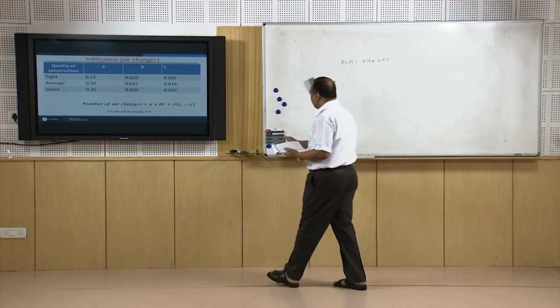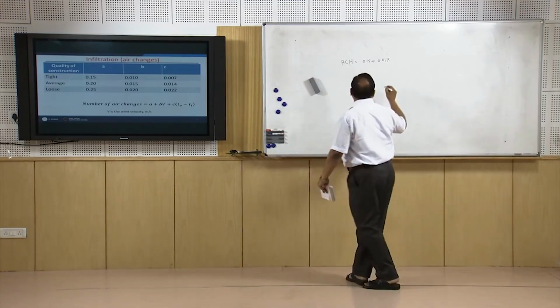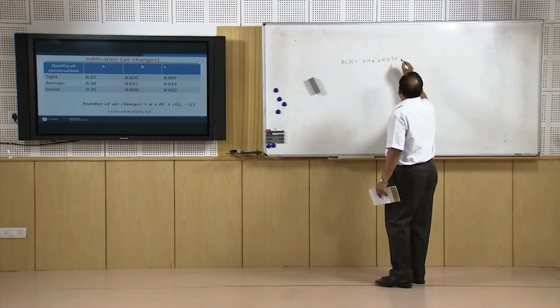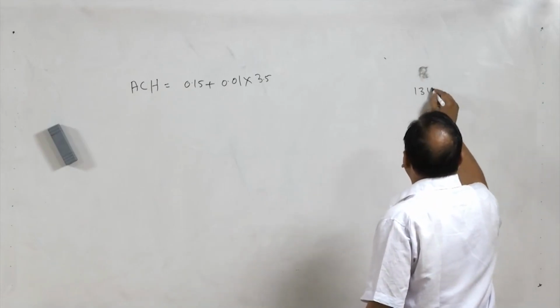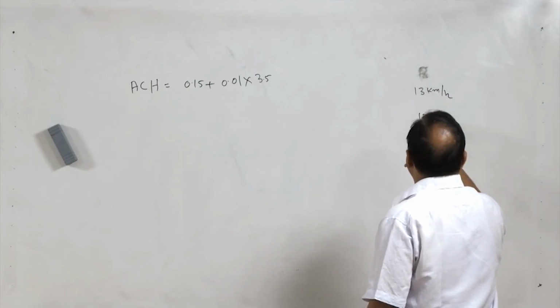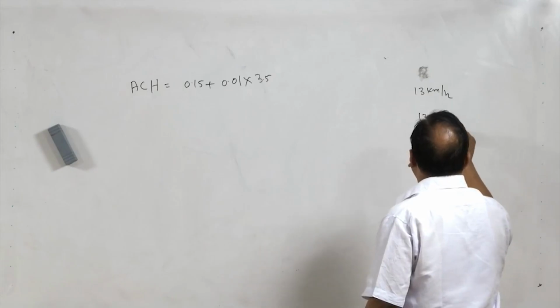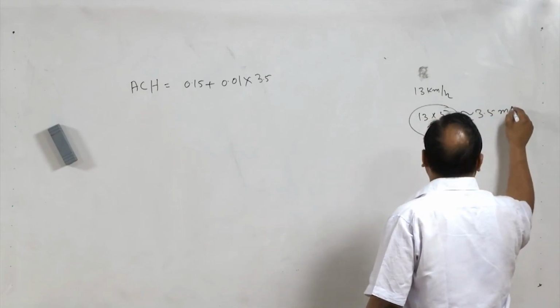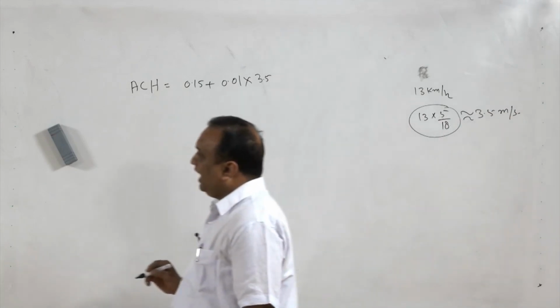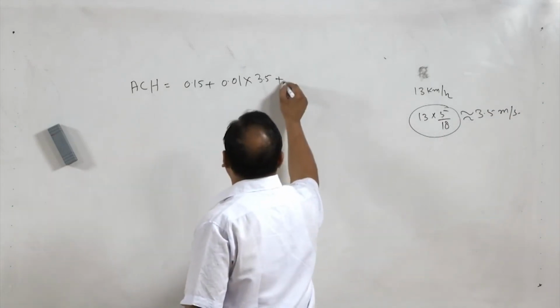I have taken 30 kilometers per hour as velocity, that is 30 into 5 by 18, so that is approximately 3.5 meters per second. And the third term is 0.07.